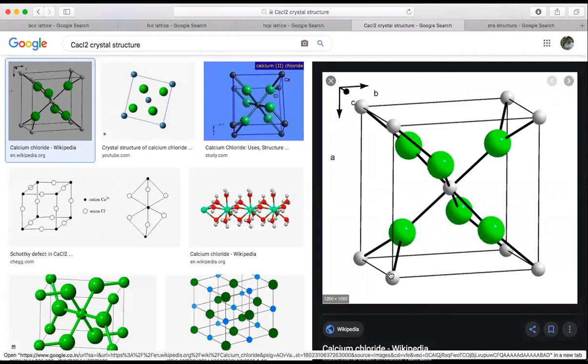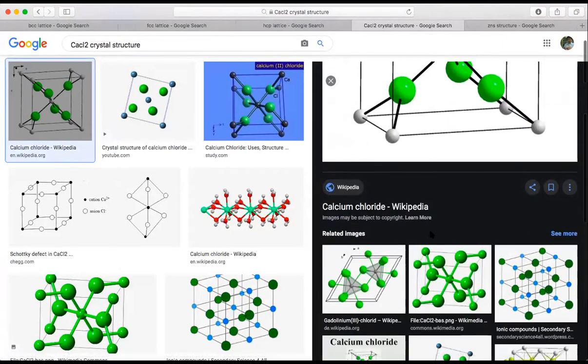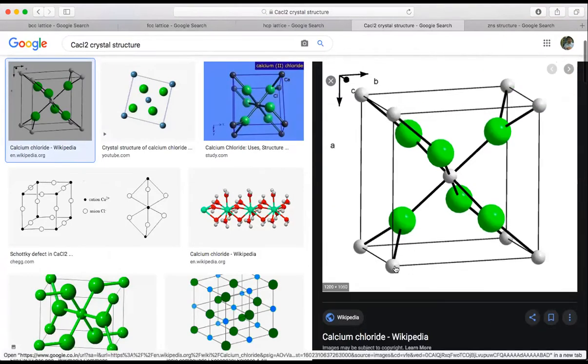And so you would have to have perhaps these two, I don't know, I have to see which ones are chlorine. So probably if you have these two calcium atoms, then corresponding to those, you have to have how many? 4 chlorine atoms, right?